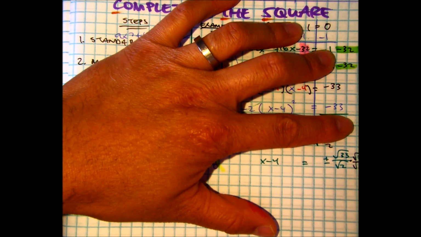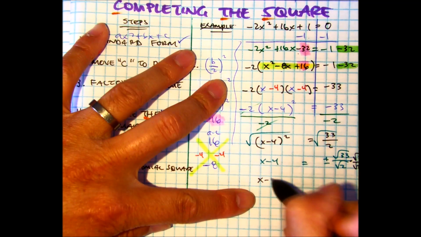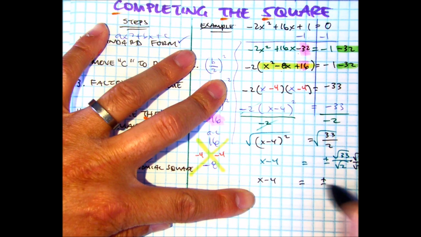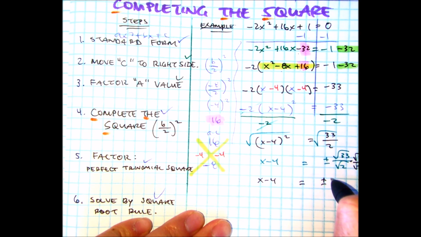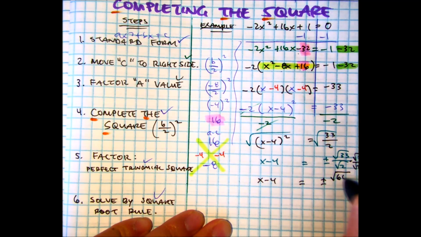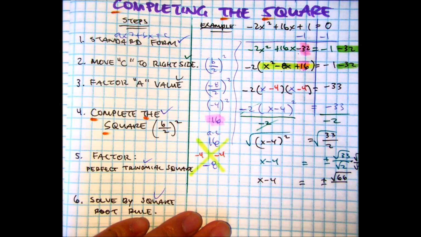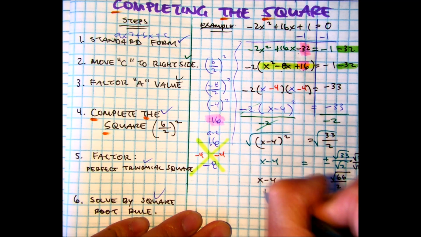Radical 2 over radical 2. I get x minus 4 equals plus or minus radical 33 times radical 2, radical 66. Radical 2 times radical 2 is radical 4. Radical 4 is 2. And then all I have to do there is add 4.